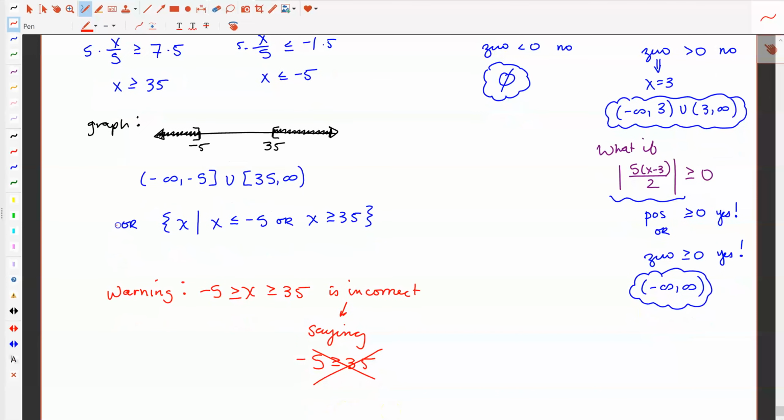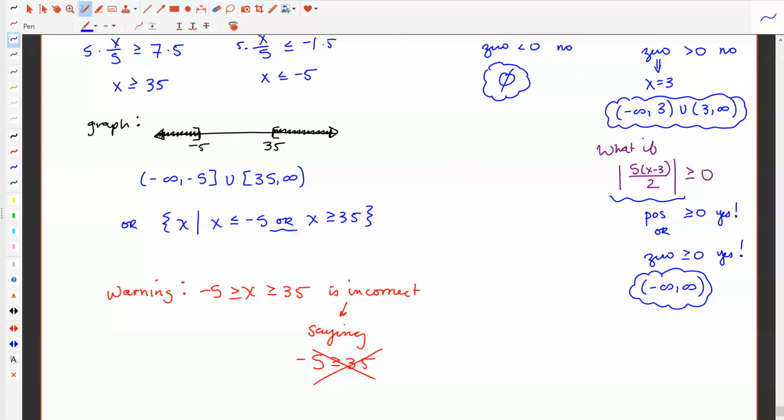So you cannot write your inequality like this all in one line. If it's this greater than case, you have to break it into 2 intervals, or when you're writing the interval notation, make sure you put the union in between them. If you're writing it in the set notation, just put the word or between them.